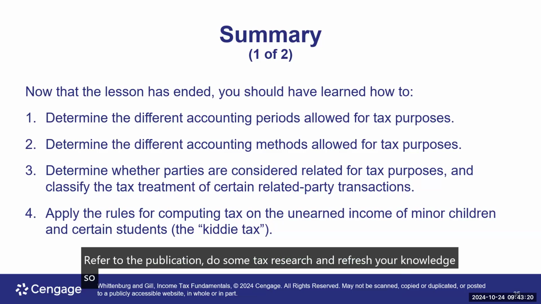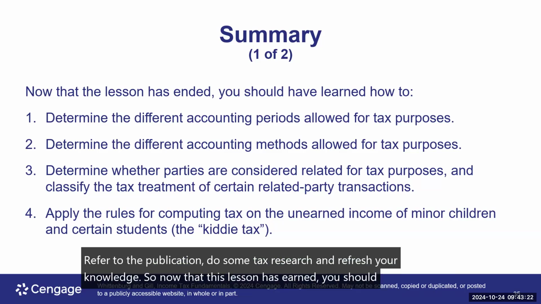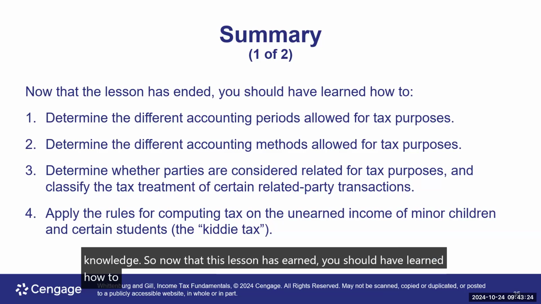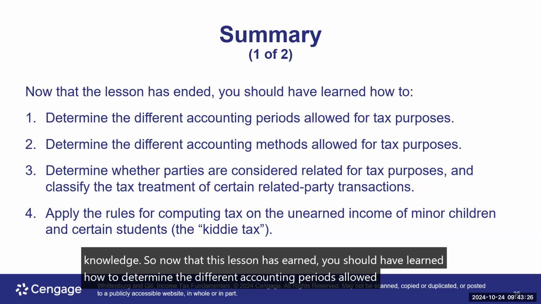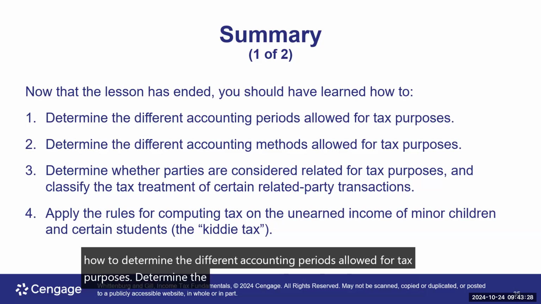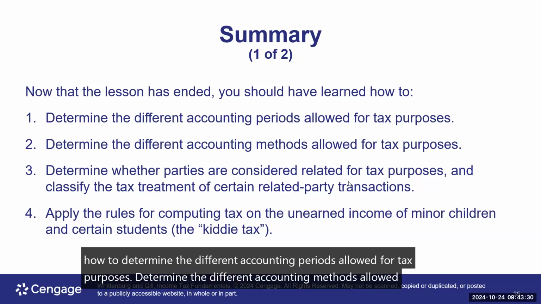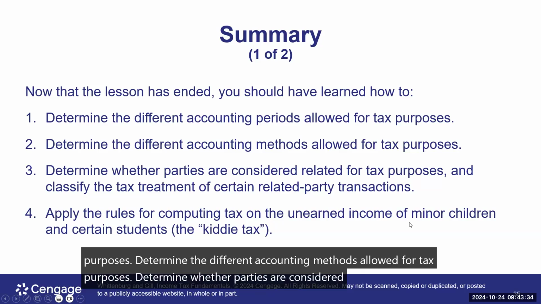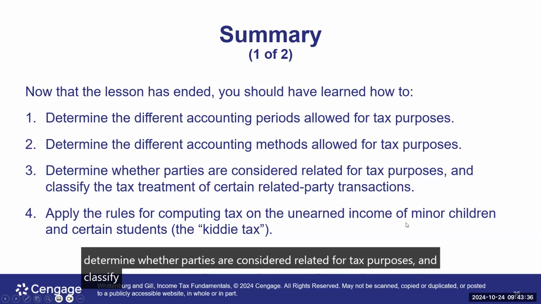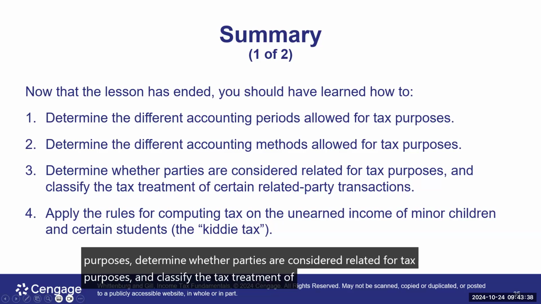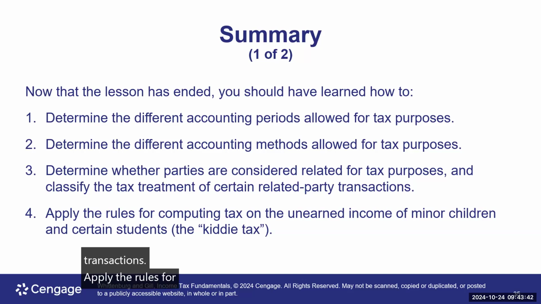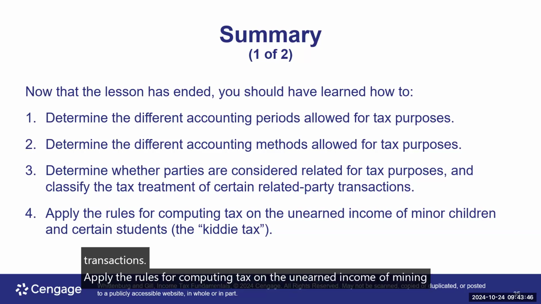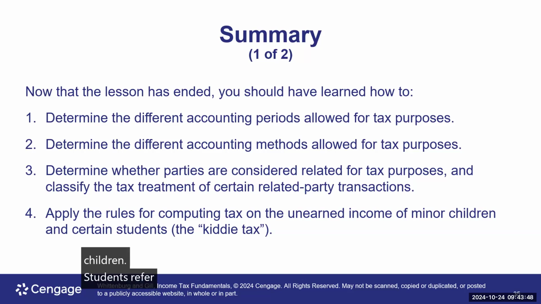So now that this lesson has ended, you should have learned how to determine the different accounting periods allowed for tax purposes, determine the different accounting methods allowed for tax purposes, determine whether parties are considered related for tax purposes, and classify the tax treatment of certain related party transactions. Apply the rules for computing tax on the unearned income of minor children and certain students, referred to as the Kiddie Tax.